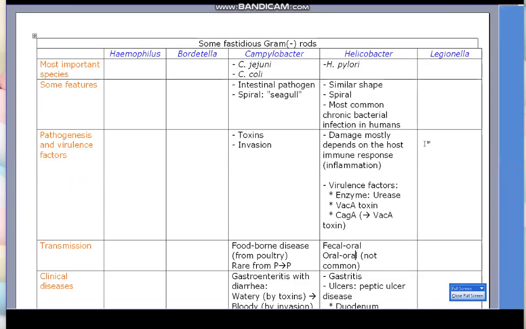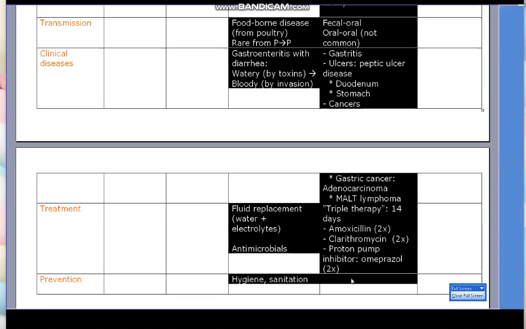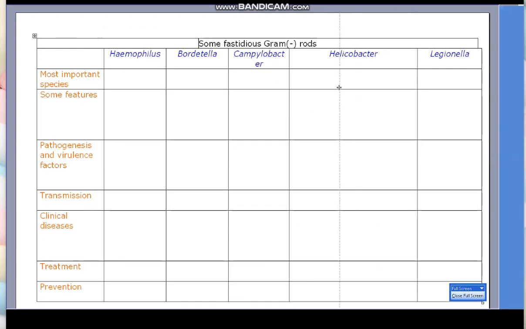The last fastidious organism that we are going to study is Legionella. But before we continue, I am going to delete this, so I have a space to write. But about Legionella, we are going to say very few words because we don't have time.